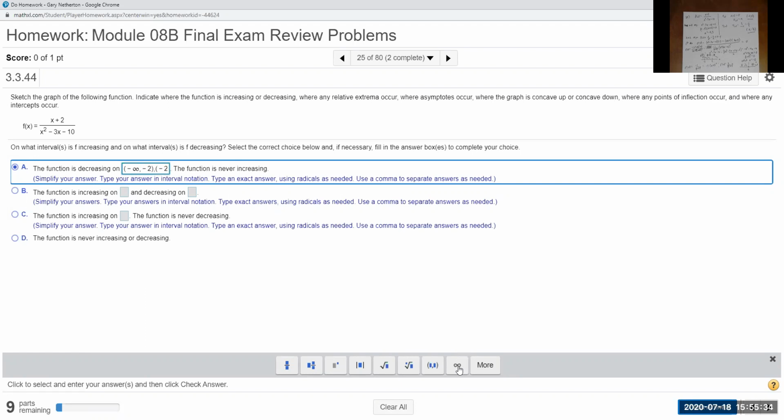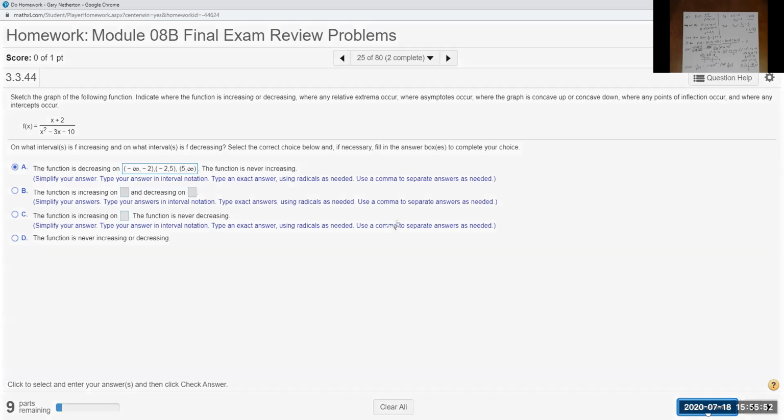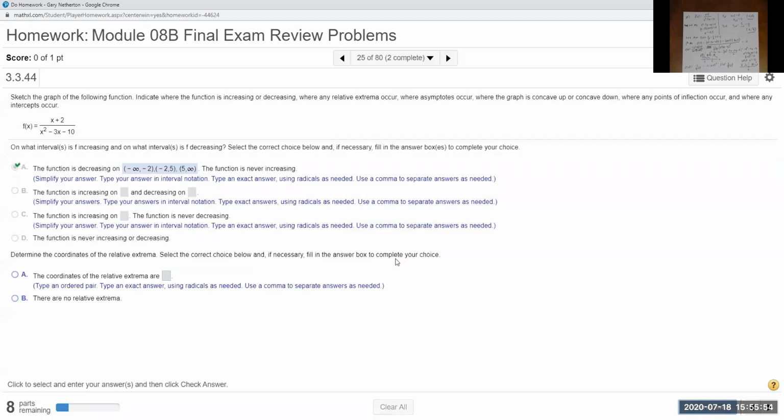And then from -2 to 5. And from 5 to infinity. Now, to be honest, I'm not 100% sure about this. Hope it's correct. All right, that's good.